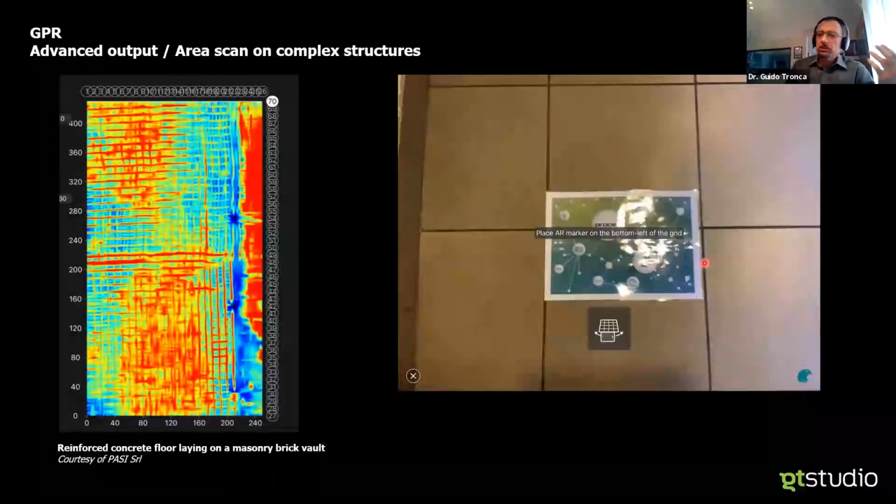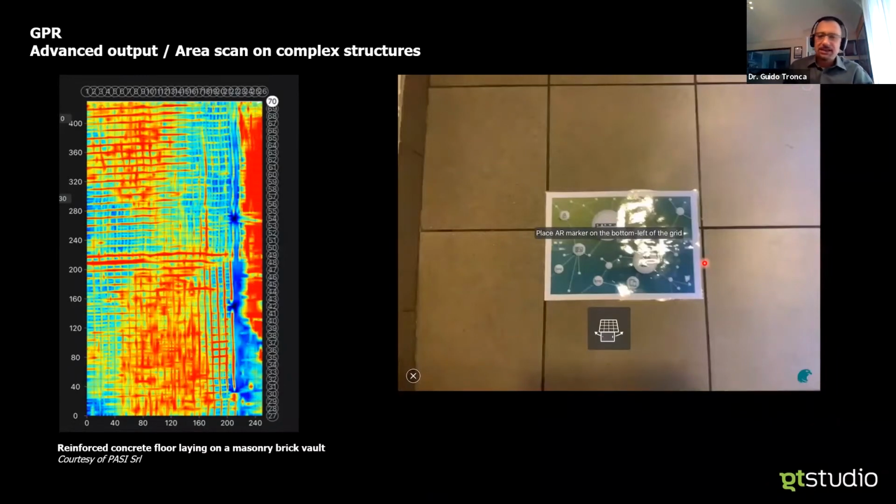Okay, moving on to just another short example of a more complex structure. This investigation was carried out on an old building that underwent rehabilitation. So you could really see a mix of old typical structures such as masonry vault and arch that were later reinforced in some portions by metal reinforcement.